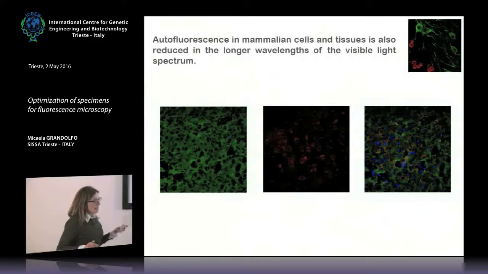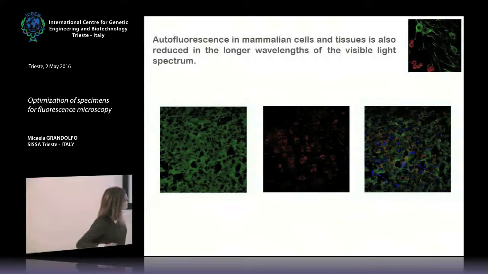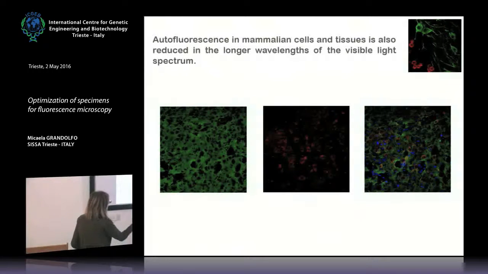Then remember that autofluorescence in mammalian cells and tissue is reduced at longer wavelengths. Like in this example, you can see that this tissue was stained with two different antibodies, one with a fluorophore in the green range of the spectrum and one in the red range of the spectrum.